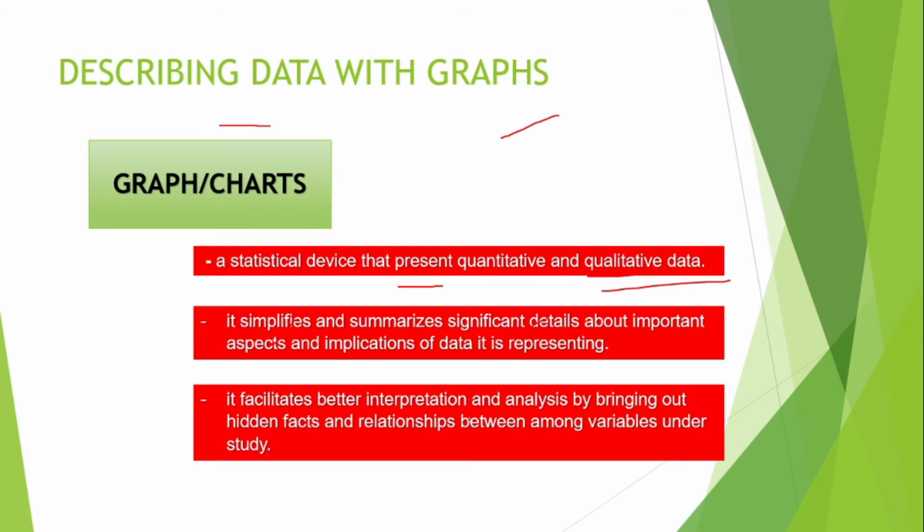So kapag gumagamit tayo ng mga graph or charts, mas maiintindihan, mas malilinawan tayo. For example, yung cost ng vegetables in a period of one year. For example, January, yung cost ba niya is tumaas until December, or yung cost ba ng vegetables and fruits is bumababa. So yun yung ibig sabihin ng graph and charts.